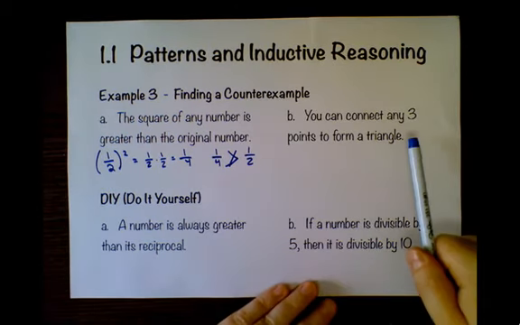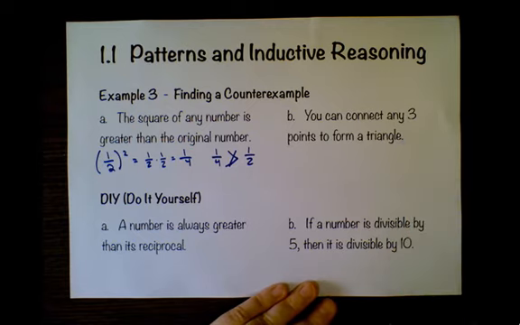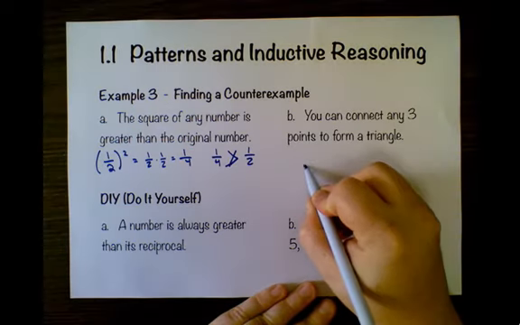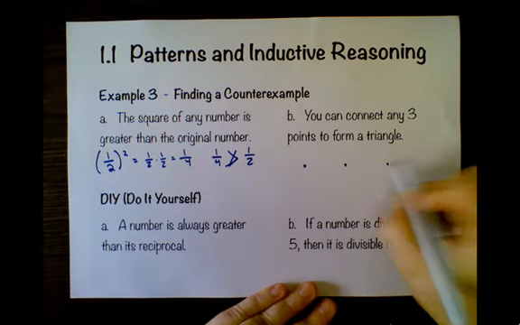Next up, you can connect any 3 points to form a triangle. Ooh, I know that a triangle needs 3 points, so if there is a counterexample, I've got to think of 3 points that don't make a triangle. Let's see if I can draw 1, 2, 3.